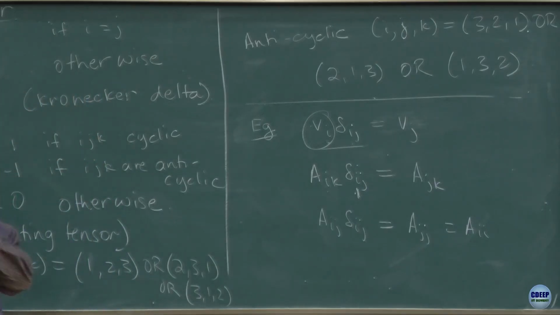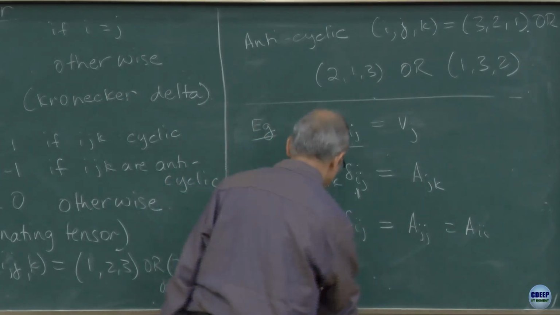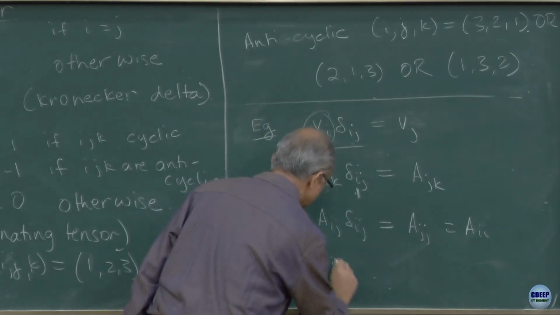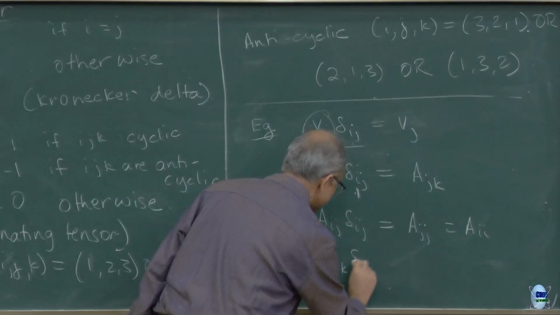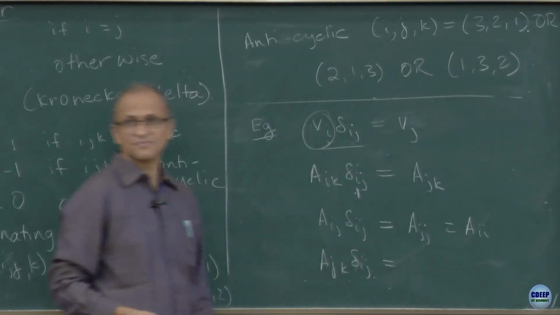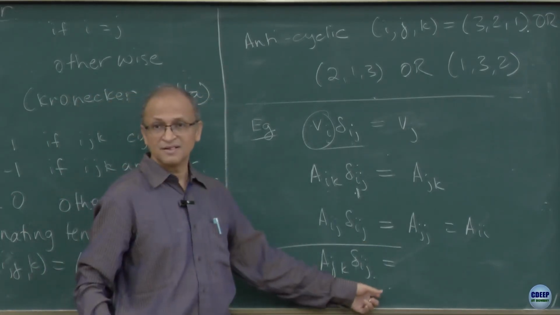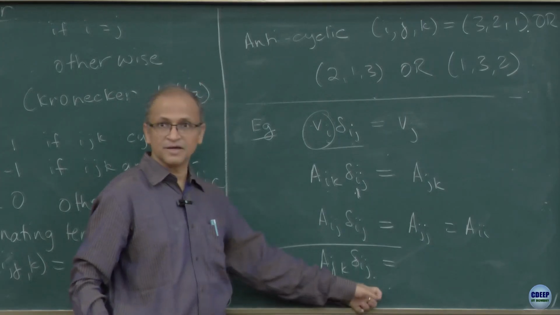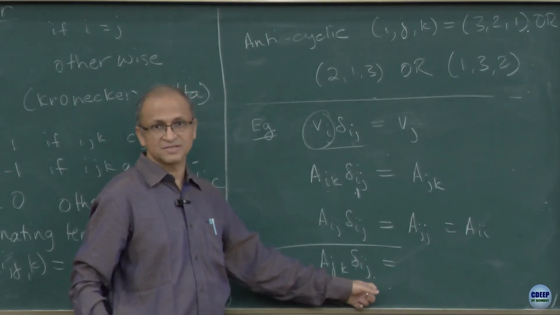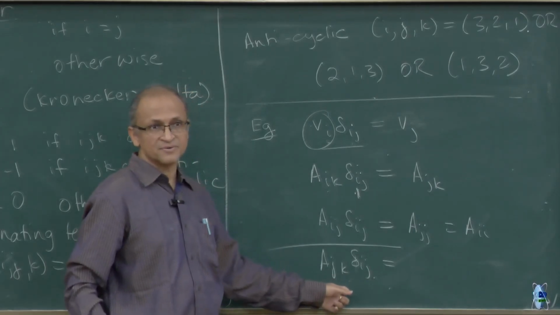In the second example, if it is like Ajk delta Ij, then it will be Aik. Now what will it become? Again, you can start off by saying what the indices are here: i, j, k. J is repeated, i and k are free.